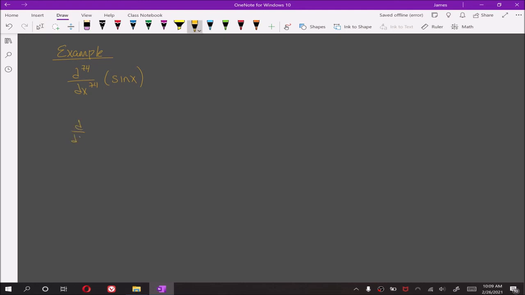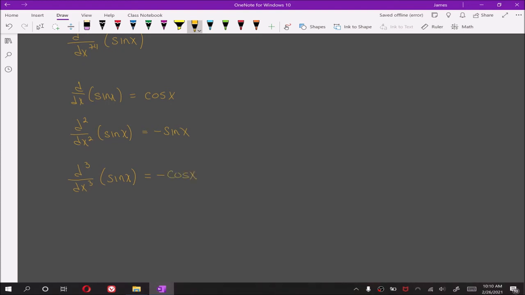The derivative of sine of x is cosine of x. So the second derivative of sine of x would be the derivative of cosine, which is negative sine of x. Right? Then the third derivative of sine of x would be the derivative of negative sine, which is negative cosine.